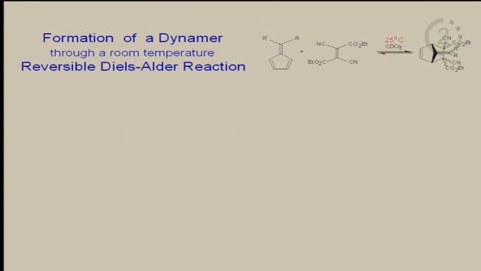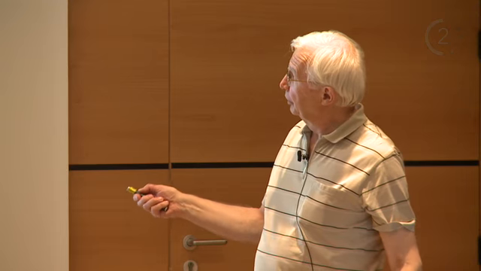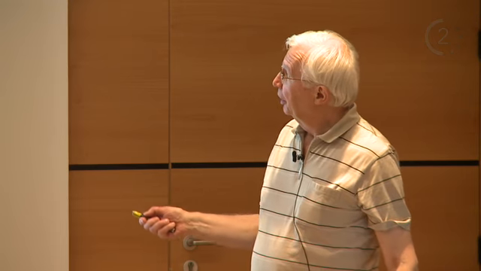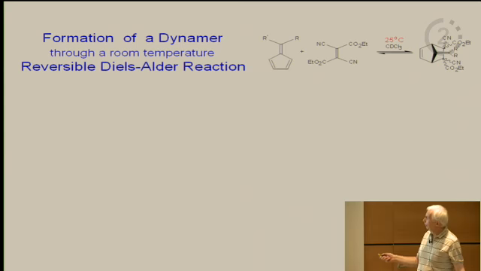So we were looking for a room temperature reversible Diels-Alder reaction. After a long search, we found this one, which is sort of a strange thing. Dimethylfulvenes, fulvenes with cyanoethylenes give something which is Diels-Alder reversible at 25 degrees, perfectly reversible.